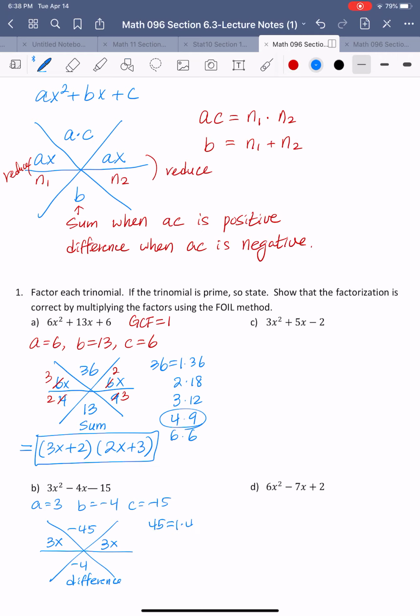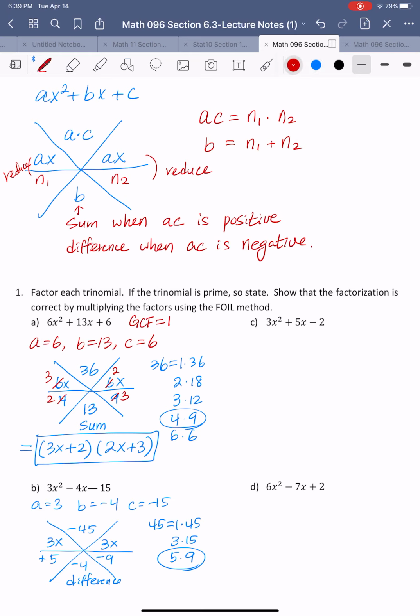So 1 times 45, 2 times 15, 3 times 15, and 5 times 9. The difference of 4 is 5 and 9, right? But this time I need a negative 4, so 9 is negative and 5 must be positive.